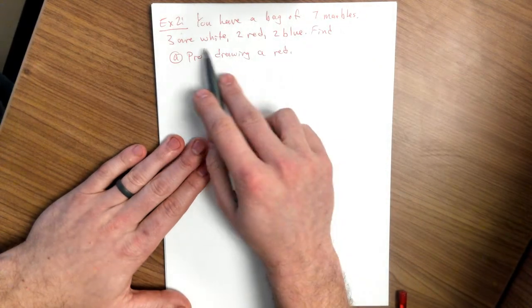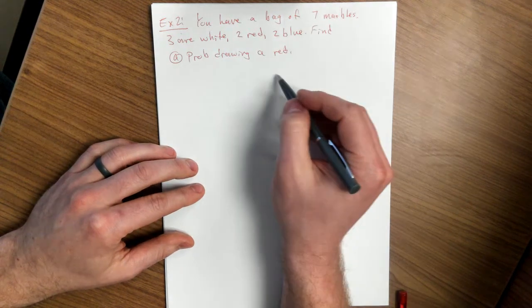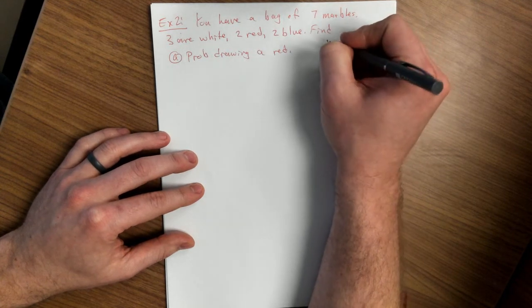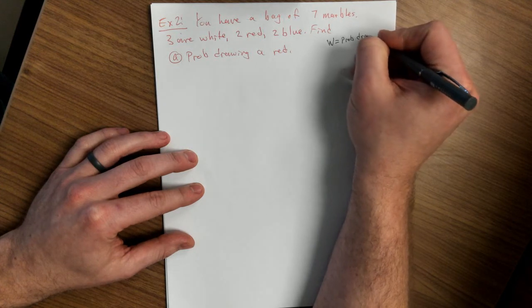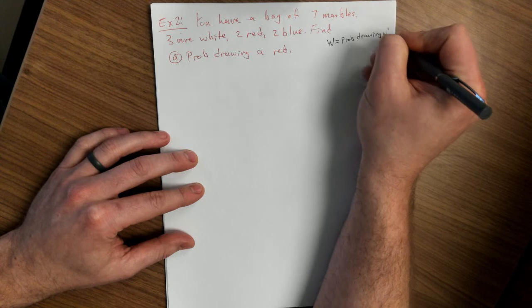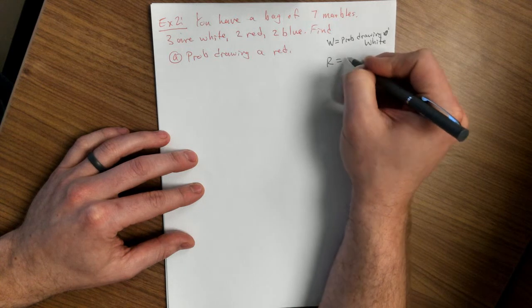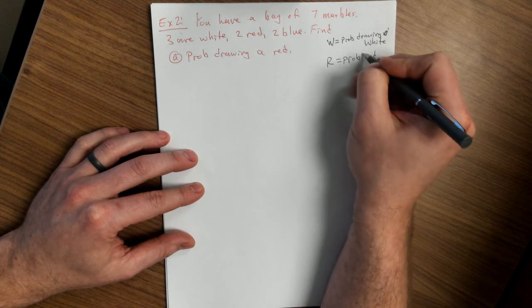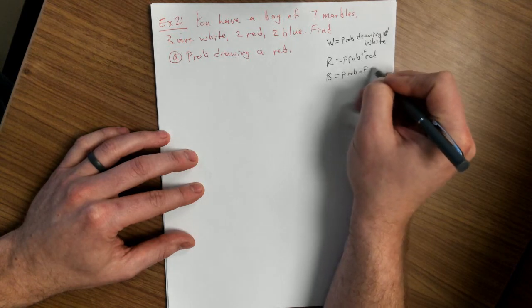So first off, since we know we have 3 different colors and we don't want to have to write out the probability of drawing a red, we just come over here to the side and say W is equal to the probability of drawing white. And then R is equal to the probability of red, and then capital B is equal to the probability of blue.